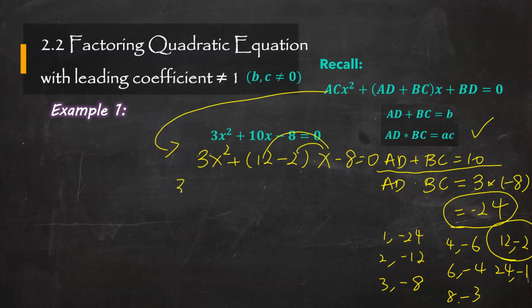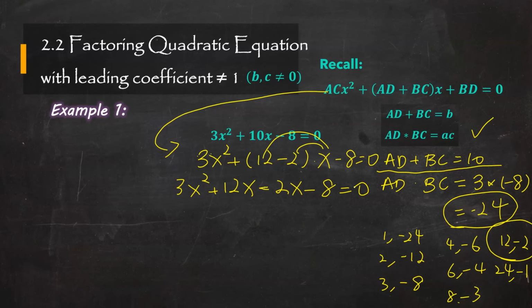So now we have 3x squared plus 12x minus 2x minus 8 equals 0. Okay, so now we can follow the third step, which is that we regroup the terms and then we factor them.